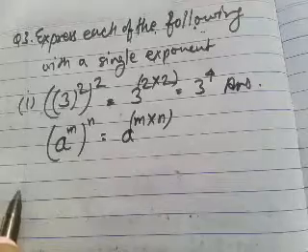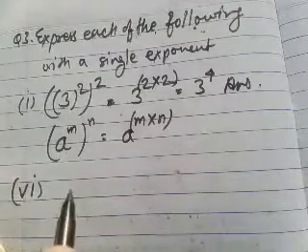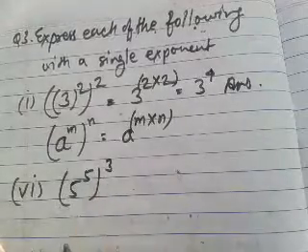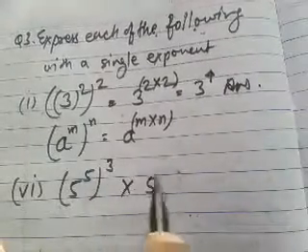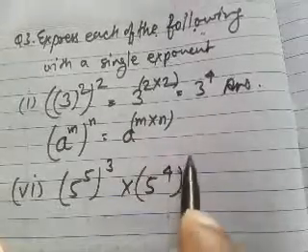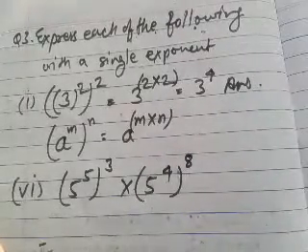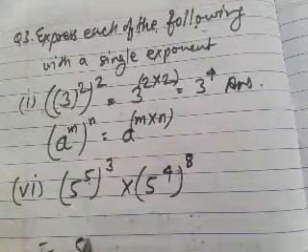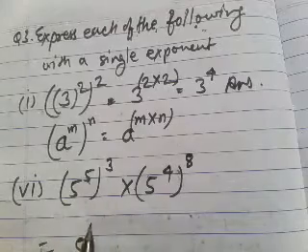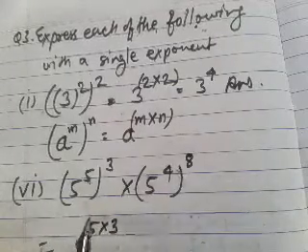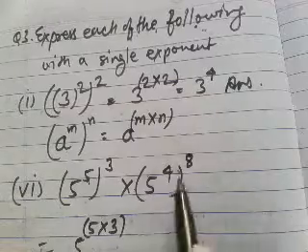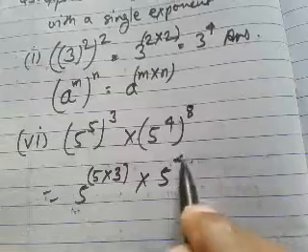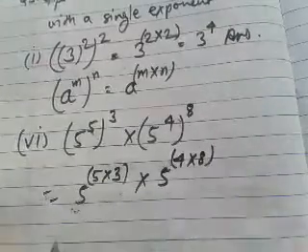And again question number 6, 5 raised to the power 5 and its power is 3, multiply 5 raised to the power 4 and its power is 8. So you can write power of power as 5 raised to the power 5 multiply 3, and this expression 5 raised to the power 4 multiply 8.